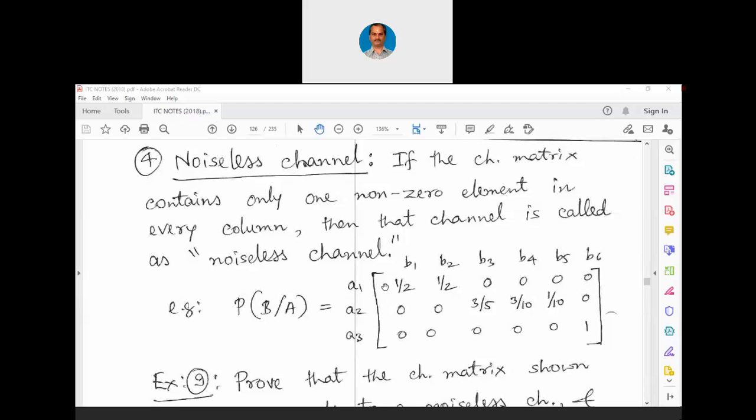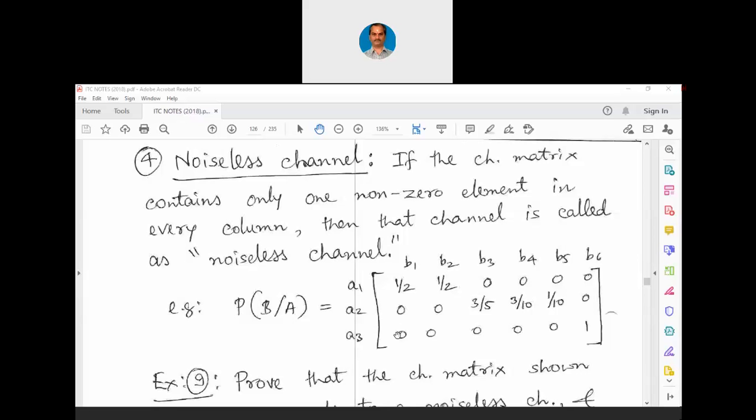You can see that there is only one non-zero element in each column. B1 is received when A1 is transmitted. B1 is not received when A2 and A3 are transmitted. Similarly, B2 is received when A1 is transmitted, and B2 is not received when A2 and A3 are transmitted. That way, for a given destination symbol, there is only one particular source symbol. That means each column has only a single non-zero element. Such a channel is called a noiseless channel.